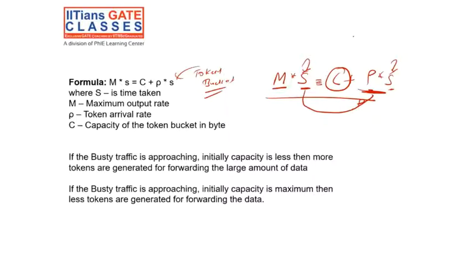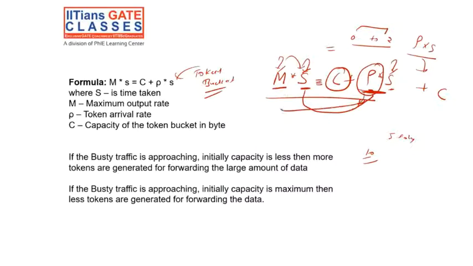Let's say the interval is 0 to 2 seconds. In those 2 seconds, the arrival of tokens plus the tokens already in the bucket equals the output in the same interval. Let's say 5 tokens arrive in 2 seconds and 10 are already there. You can easily calculate this. So the arrival rate of the token is directly proportional to the output rate. That's why we say it's bursty traffic.